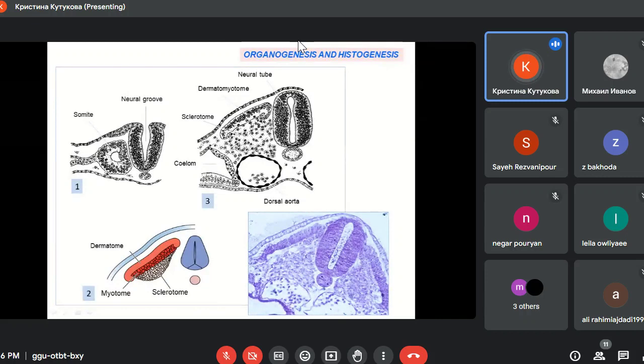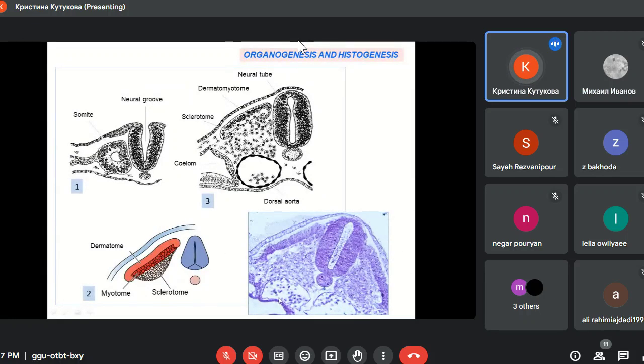Next, the somite starts to develop into three parts. The outer part will be called dermatome, the middle portion will be called myotome, and innermost portion will be called sclerotome. So first, the somite was a portion of tissue, and now it is developed into three parts.